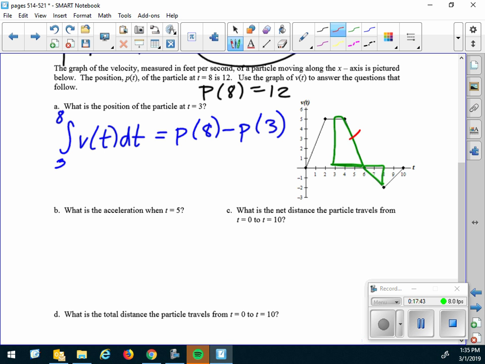Okay, let's find the area of this thing right here. Now, I will be honest with you, I hardly ever do a trapezoid. I'm going to do a rectangle and a triangle. A trapezoid's not a big deal, but I just do rectangles and triangles. What's that, 5? So 5 plus, yeah. And then this is a 2 by 5.